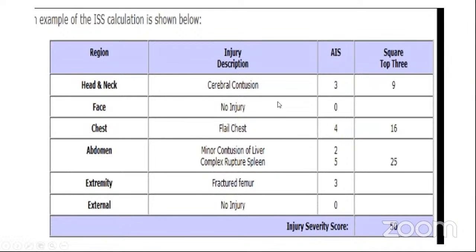The highest grades are 5 over the abdomen, 4 for the flail chest, and 3. So we square them: 3 squared is 9, 4 squared is 16, and 5 squared is 25. We add them up and get 50. So the patient's ISS score is 50.